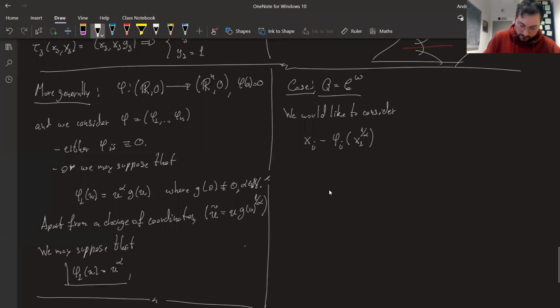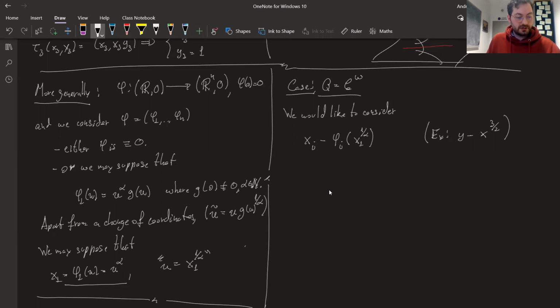If I call this entry x_1, then u should be equal to x_1^(1/alpha) in some sense. So this is what we wanted to consider. In the example, this would amount to taking y minus x^(3/2). So this is not an analytic function.